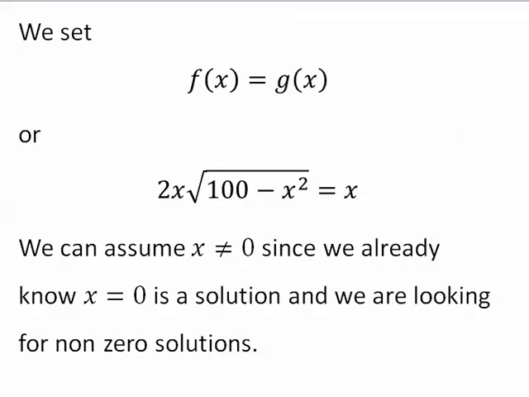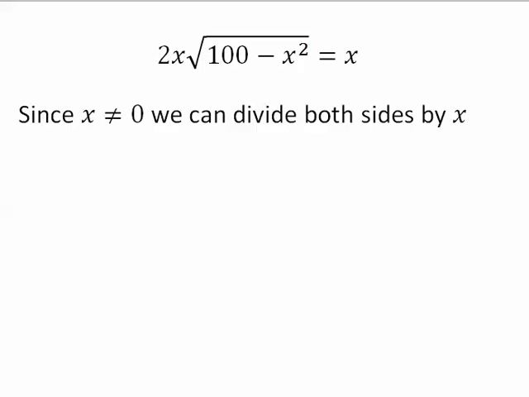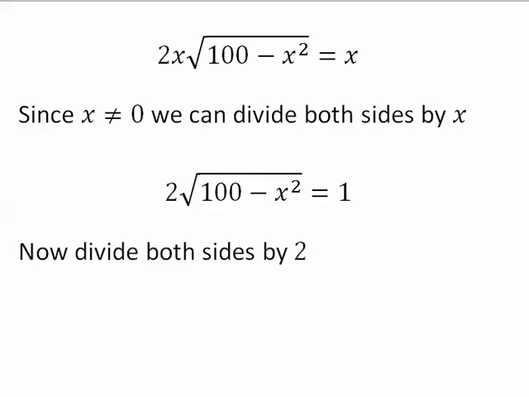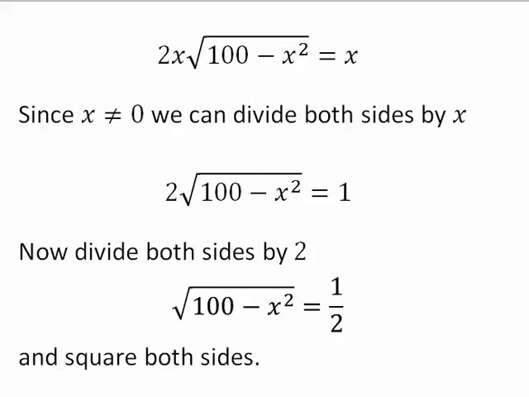To find the second point algebraically, we set f equal to g, and we're going to assume that x is not 0. Since x is not 0, we divide both sides by x. Now divide both sides by 2. And square both sides.